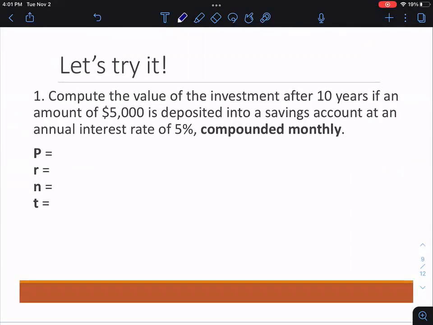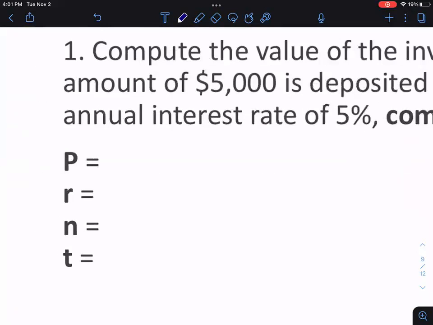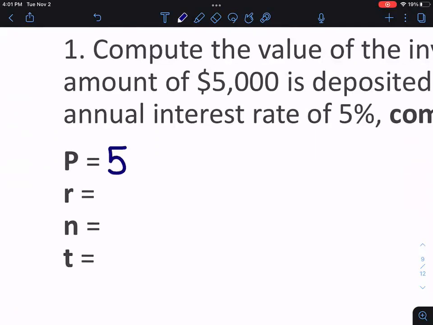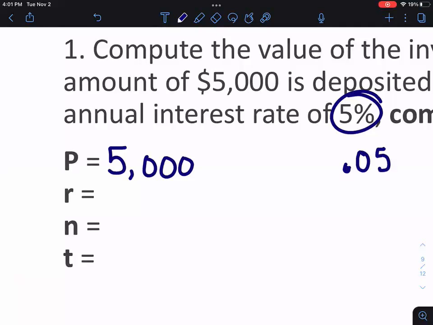So let's try to actually use this formula here. We're going to compute the value of an investment after 10 years if an amount of $5,000 is deposited into a savings account with an interest rate of 5% compounded monthly. We need these four terms over here on the left. P is the initial amount, which in this case is 5,000. Your rate is 5%, which is 0.05 as a decimal.